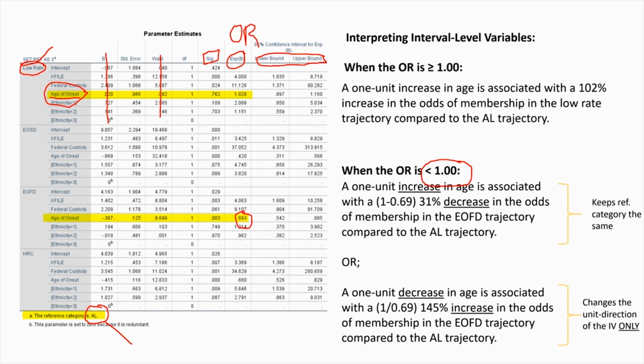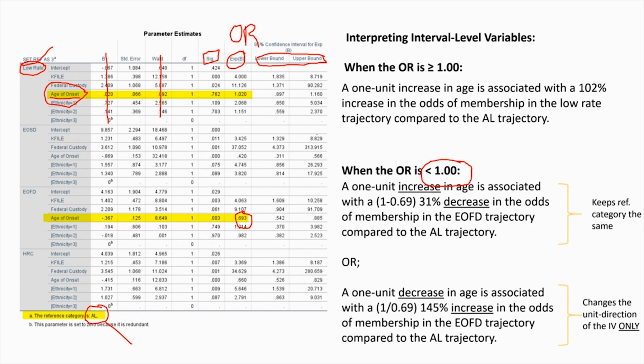So we would say that a 1 unit increase in age of onset is associated with, and then here's where we have to recalculate the odds ratio. This 0.693 value means nothing to us. If we have an odds ratio of less than 1, we can't actually interpret it as an odds in and of itself.